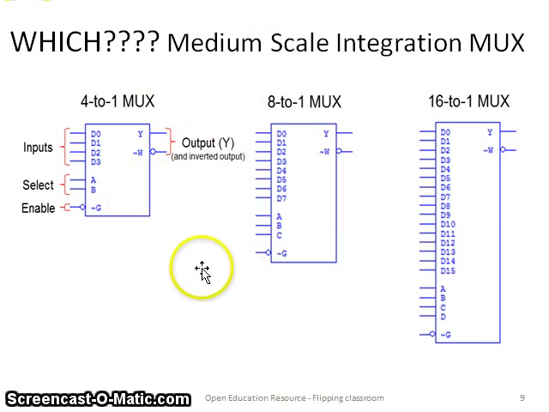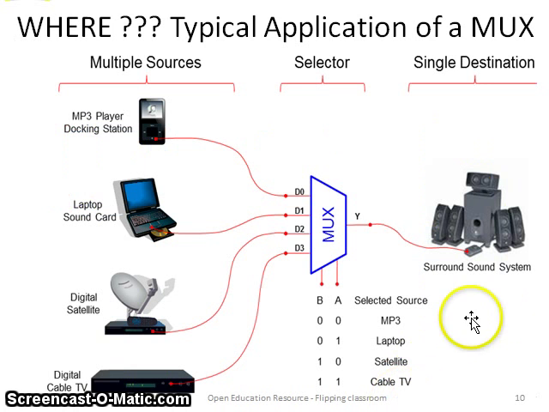Selection of the multiplexer depends on the application where you are using it. Some of the MSIs available are the 4:1 mux, 8:1 mux and even 16:1 mux. Look at a typical application of a multiplexer. There are multiple sources, maybe a cable TV set-top box or a satellite, a laptop sound card or an MP3 player station.